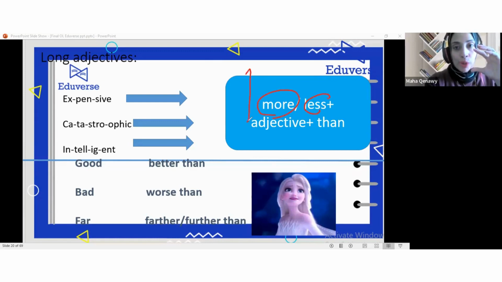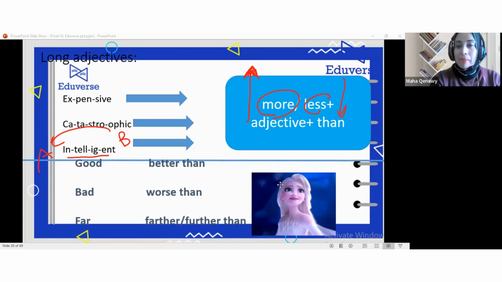More shows you a lot of the quality of this adjective, less shows you less. He is less intelligent than his brother. His brother is more intelligent than him. This pen is more expensive than the laptop. The laptop is more expensive or less expensive than this.